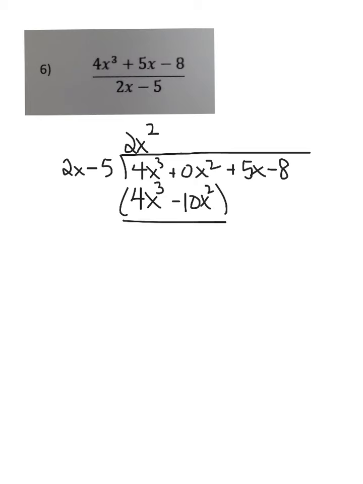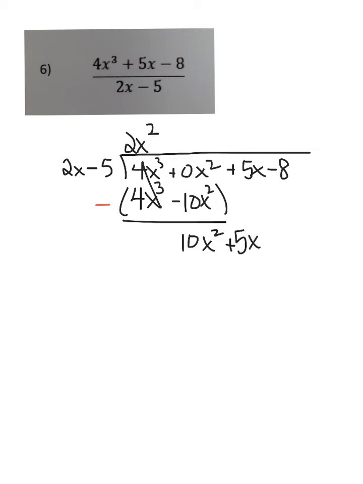Let's subtract, and these guys will cancel out, and here we go. 0 minus negative 10 is positive 10x squared, and bring down the next term.